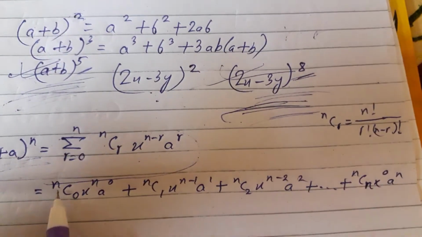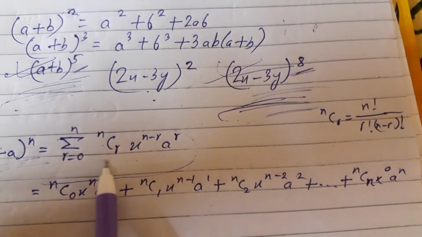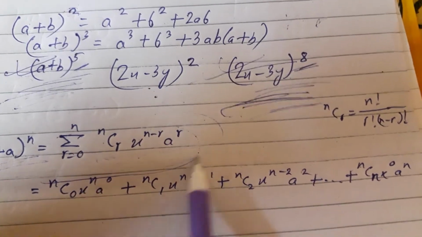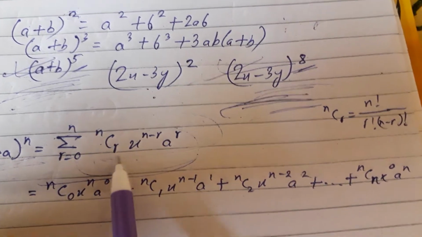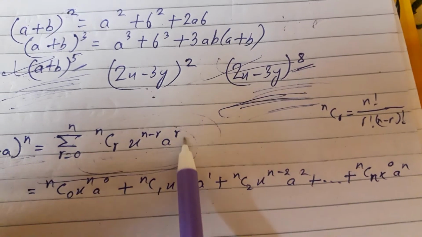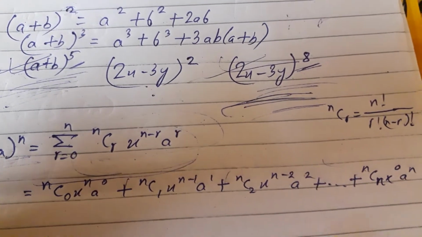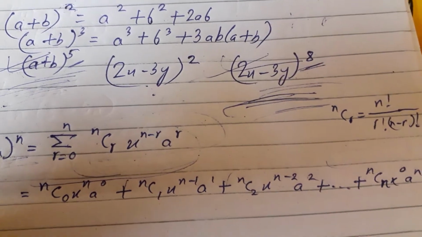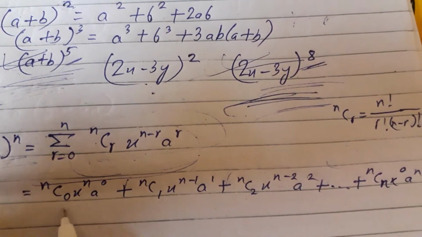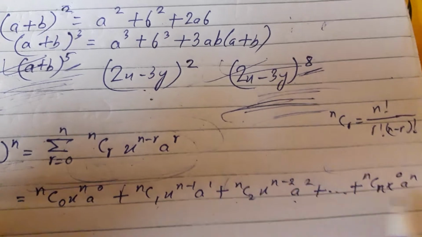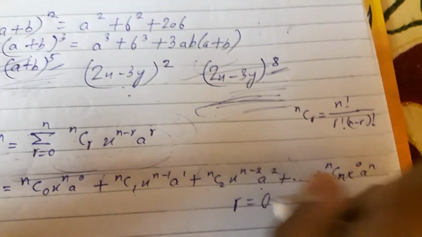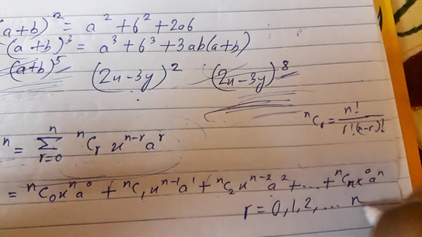See here, you have to follow this format: nCr x^(n-r) a^r. You have to sum up all these types of terms, and r will be 0, 1, 2, 3, 4, up to n.